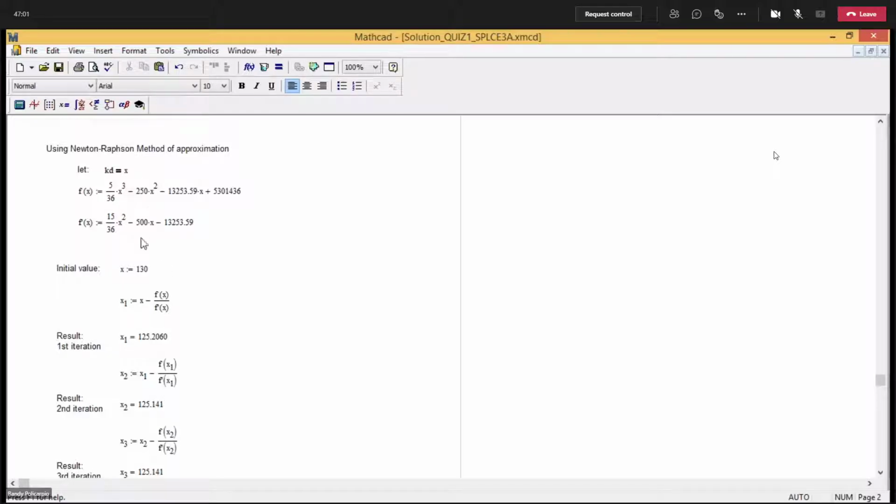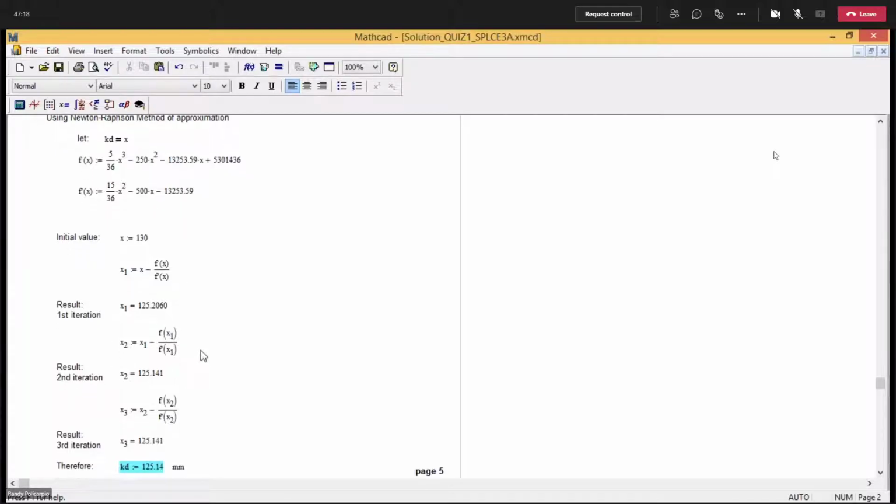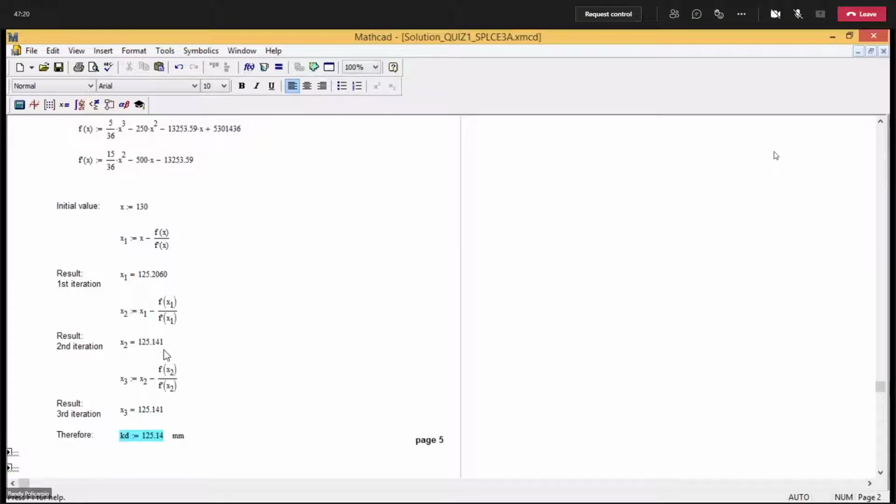So substitute mo ngayon yung value nitong f of x and f prime of x dito, and the result is 125.2060. Then you use again this one. You solve again, at ang result ay 125.141.